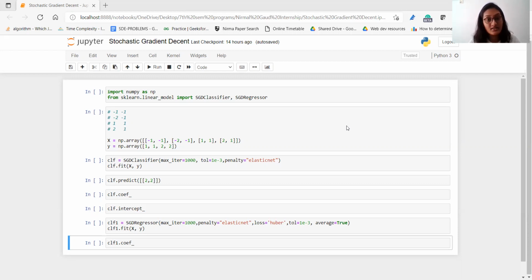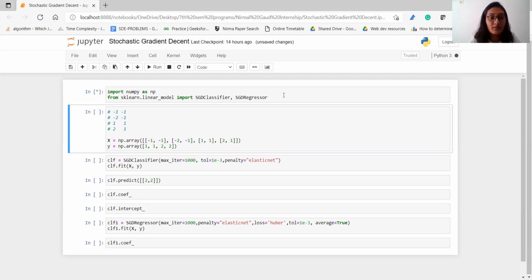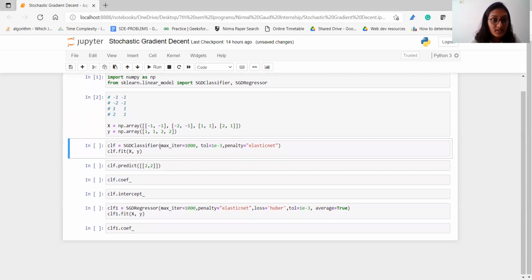So like other classifiers, we will be having X, which holds the training sample, and thereafter we will be having Y, which will be having our target values. So for that, we import the necessary libraries. This is the matrix, the training set that we have, and this is the target values that we have. Thereafter, we are calling the SGD classifier.